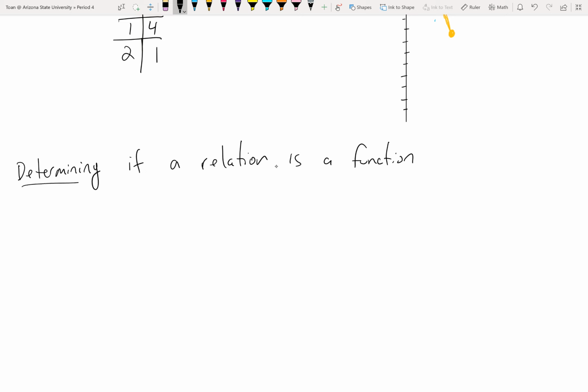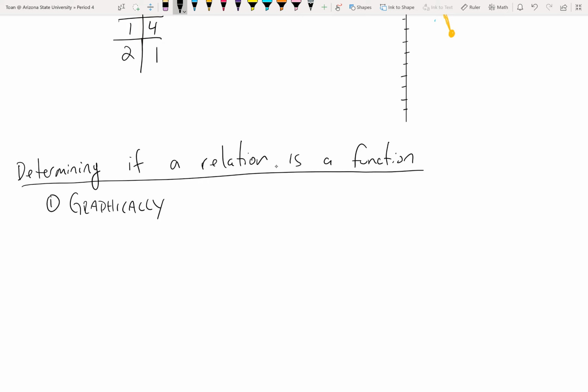There are basically 2 ways to do this: one graphically and one algebraically. Of course, we have to talk about the algebraic way. That's what you spend most of your life with, studying algebra. We don't study graphica, we study algebra. Okay, so let's do the graphical way first.